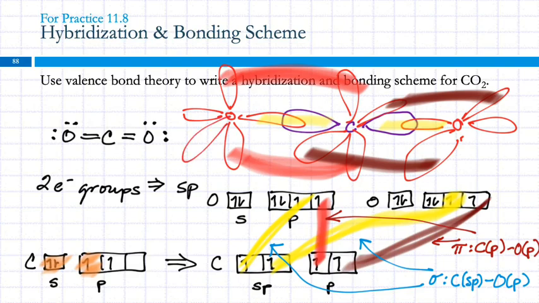So here's an oxygen lone pair. And the other's in the s orbital. So I've got this s orbital and a p orbital. Any questions?